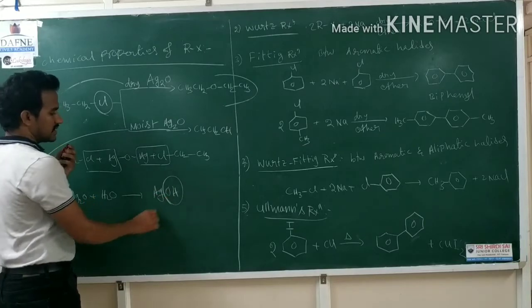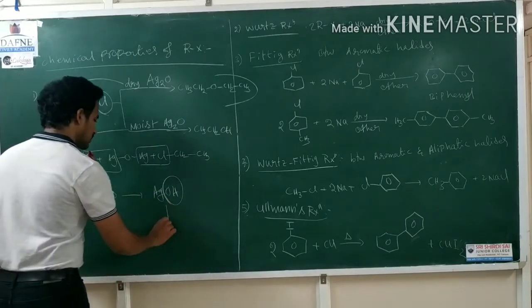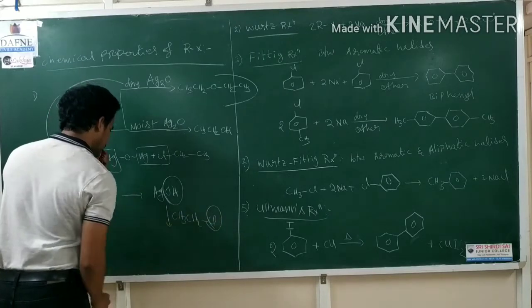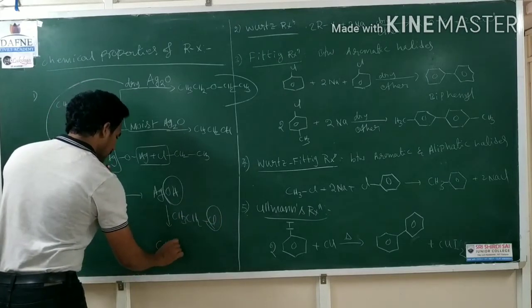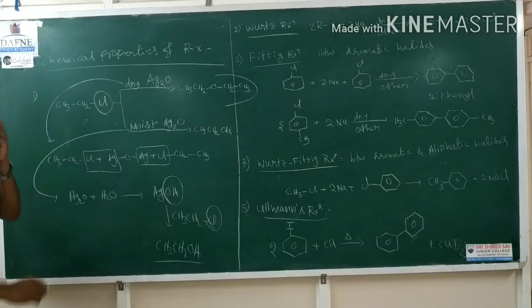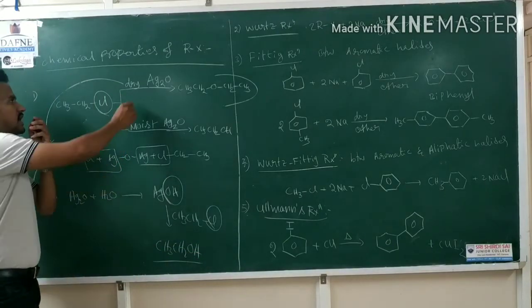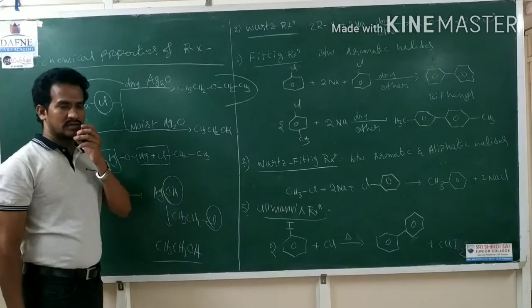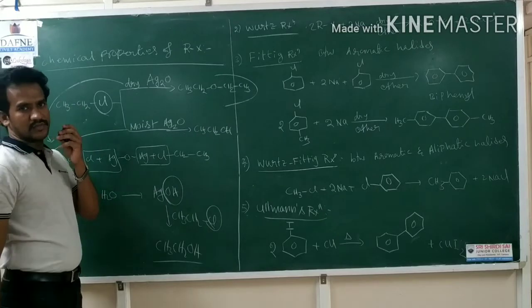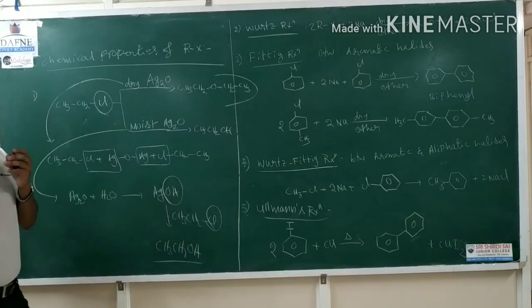Here the OH minus is a nucleophile. On reaction with ethyl chloride, the Cl minus is replaced by OH, so ultimately the product is ethyl alcohol. It's a very important reaction. With the dry silver oxide, ether is the product, and with the moist silver oxide, alcohol is the product. Okay? So that is one reaction.